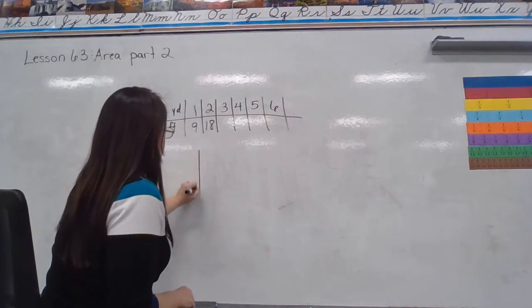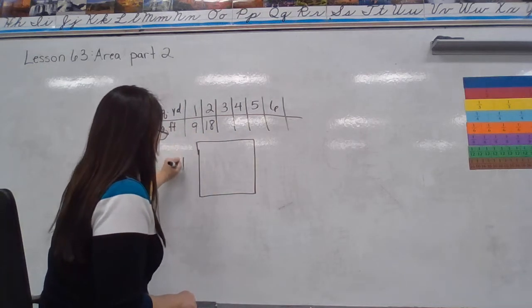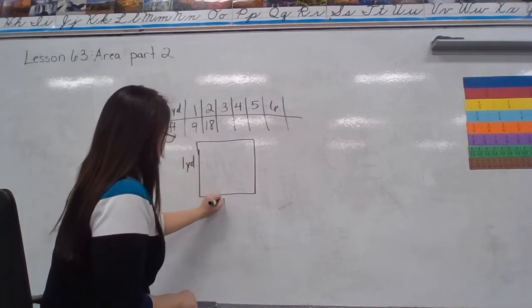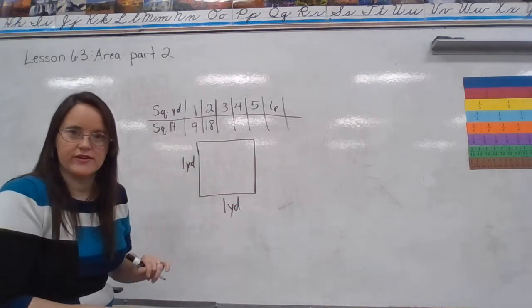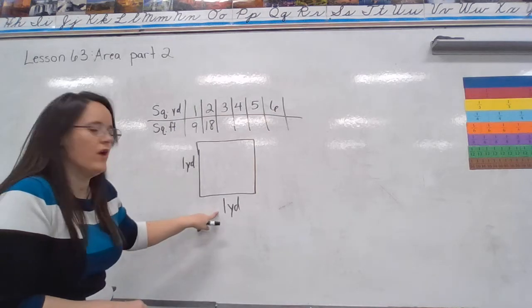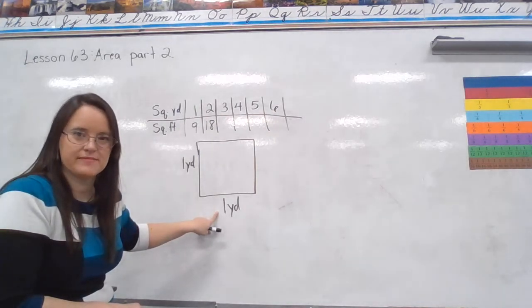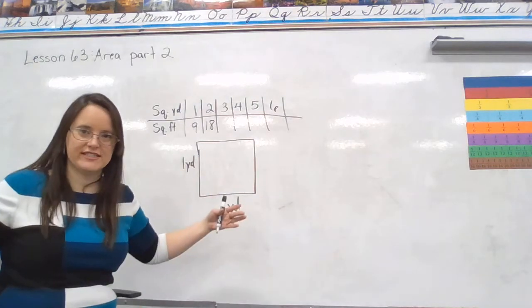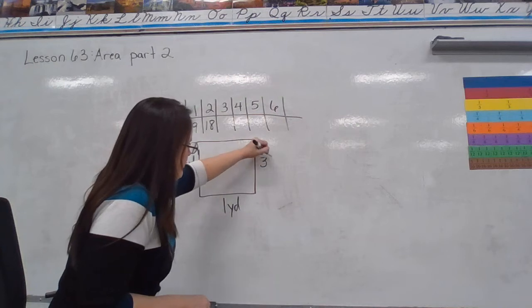So if this is 1 square yard, this is my square yard, right? 1 yard is equal to how many feet? If you remember, think of a yardstick. 1 yard is going to be 3 feet.